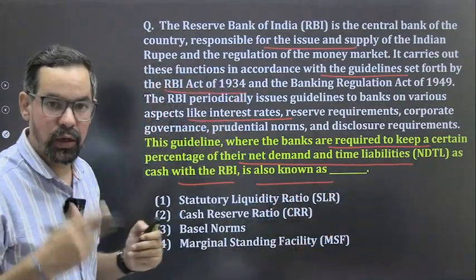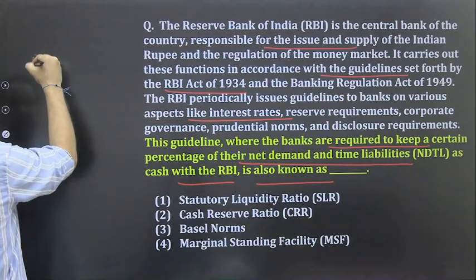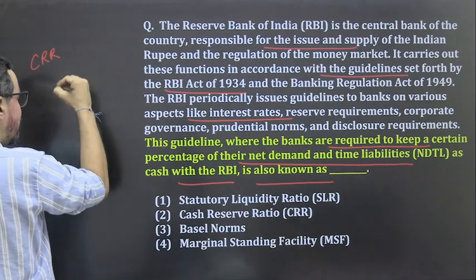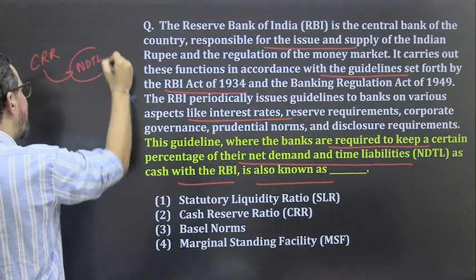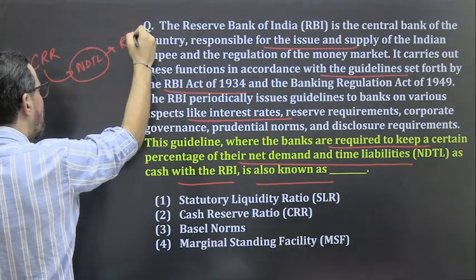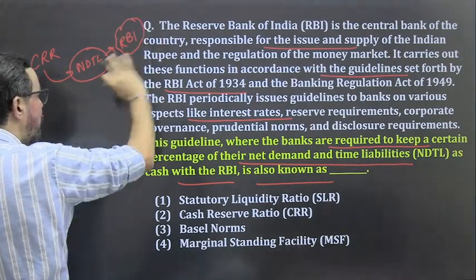So there are two reserves, one is CRR. In the case of CRR, a certain portion of your NDTL you have to maintain with RBI in the form of cash, and RBI does not pay any interest on CRR.